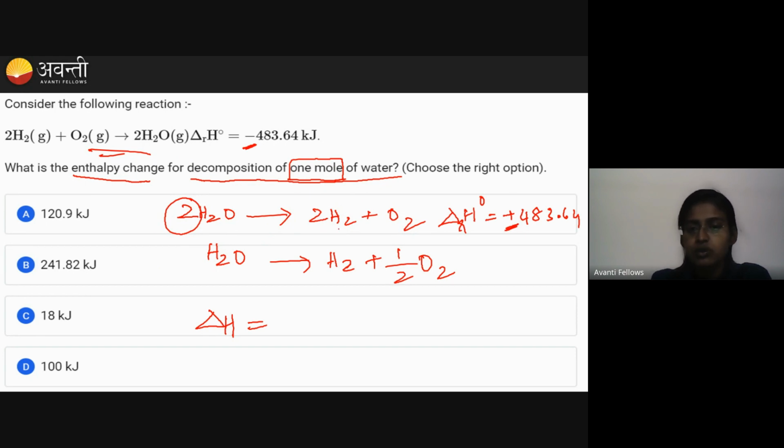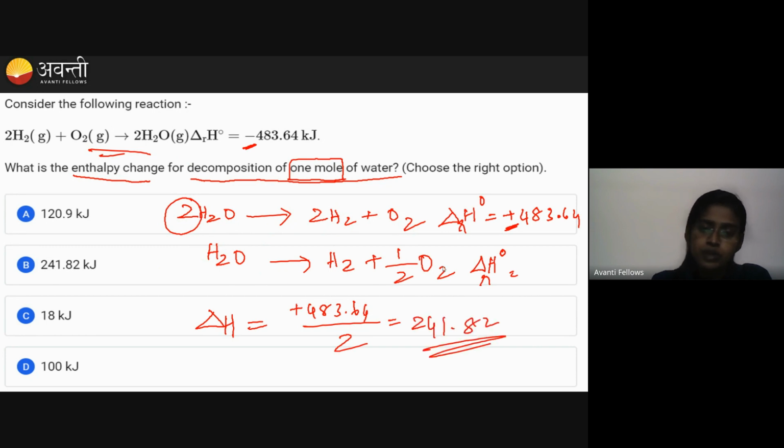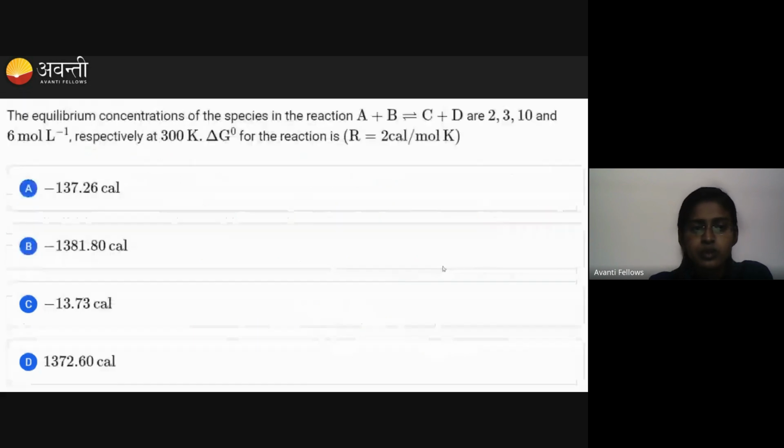So what will be the delta HR naught for this desired equation? It will be 483.64 divided by 2, so this will give us 241.82 kilojoule per mole. Very good. You have got the answer. Very good, students. So we will move on to one more question.